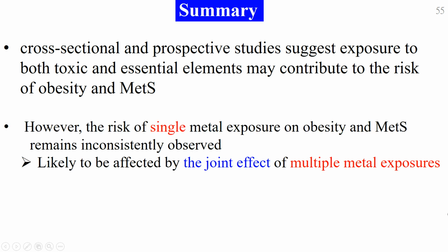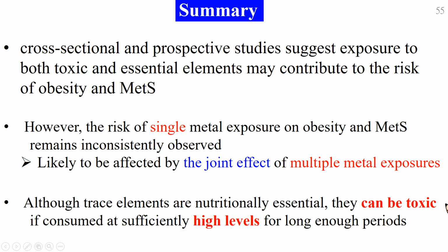However, the risk from single metal exposure on obesity and metabolic syndrome remains inconsistently observed, and this is likely due to the effect of joint multiple metal exposure. Although trace elements are nutritionally essential, they can be toxic if consumed at sufficiently high levels for long enough periods.